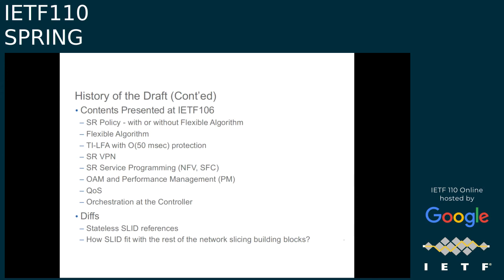Then we have VPNs that provide means for creating logically separated networks for different sets of users to access the common network infrastructure. Then service programming provides support for orchestration of virtualized service containers, and is fully integrated with SR policies. This is how the building blocks work together.